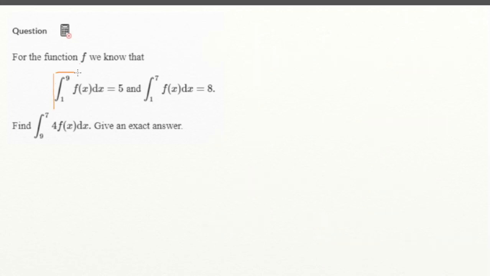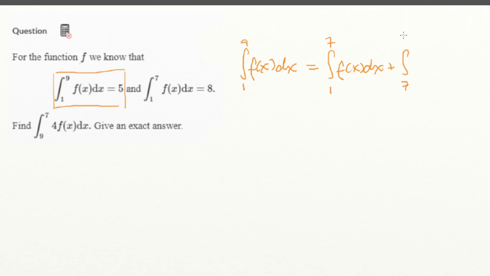Now notice that for our function, the integral from 1 to 9 is 5. Now we can split this, since our next integral here is from 1 to 7. So the integral from 1 to 9 should be the integral from 1 to 7 plus the integral from 7 to 9. Right? So it's just 1 to 7, 7 to 9. You can just follow here and you can see that at the beginning and at the end, they are the same.